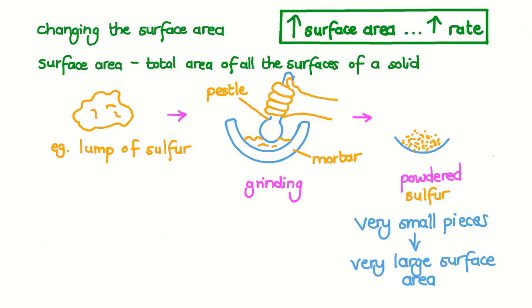The very small pieces of powder have a very large total surface area, which is perfect for performing a fast reaction. It is important to note that changing the surface area of a lumpy compound does not affect the energy with which a reaction occurs, but only the rate at which it occurs.